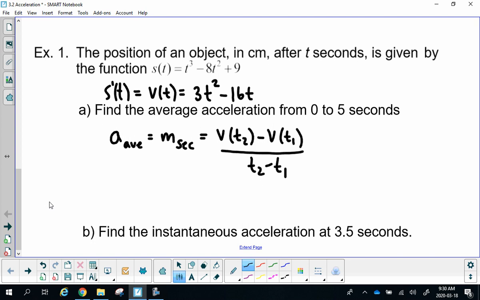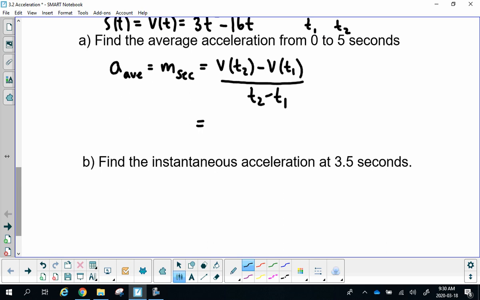I'm just going to leave the 0 out to make our lives a little bit easier. And then what we're going to do here is plug in our t values. We have t1 right here, and t2 right here. So we're going to use those two values in our formula.